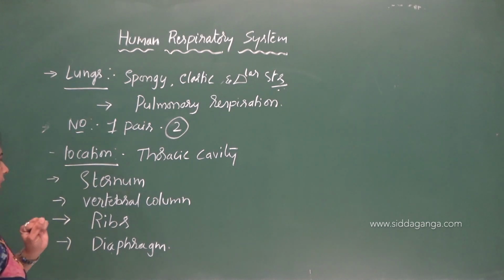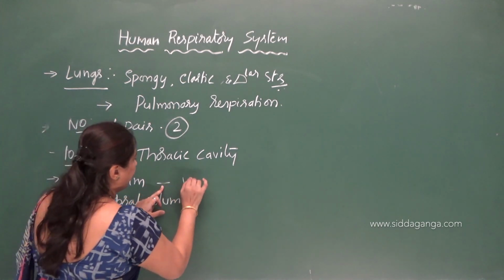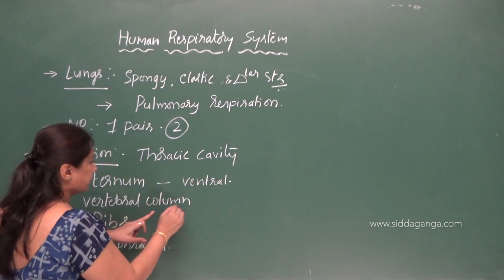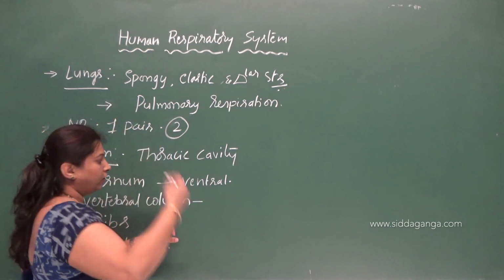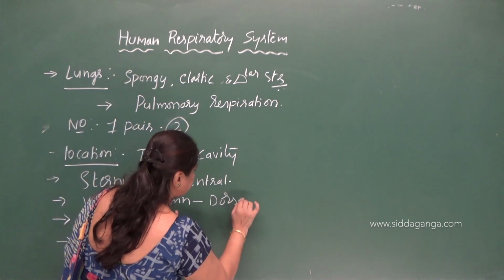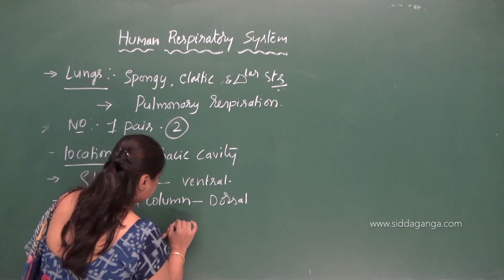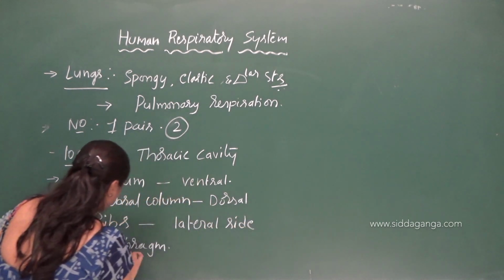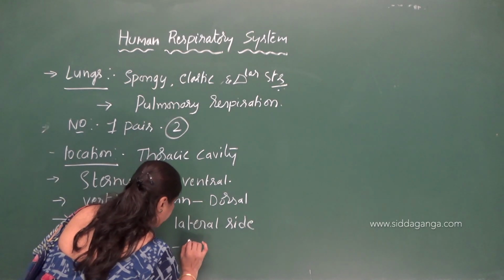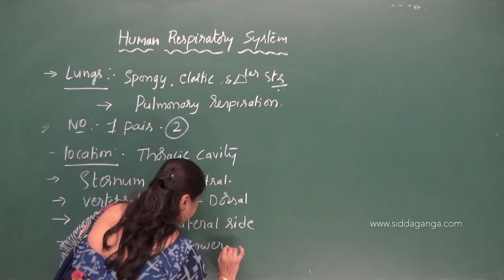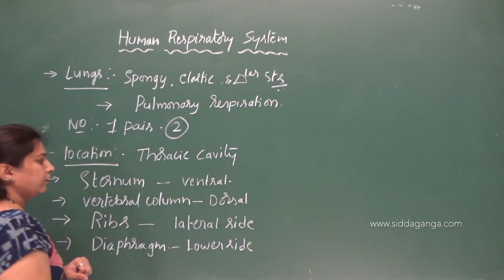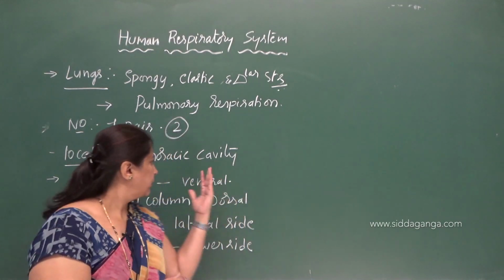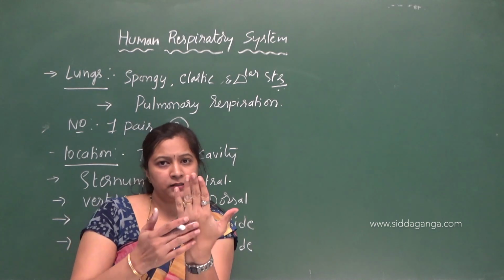So the thoracic cavity is formed by sternum on the ventral side, that is on the front side. Vertebral column is on the back side, that is dorsal side. Ribs on the lateral side, and on the lower side is diaphragm. Ventral side means front side.